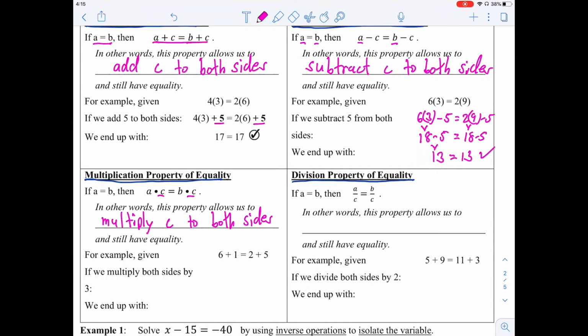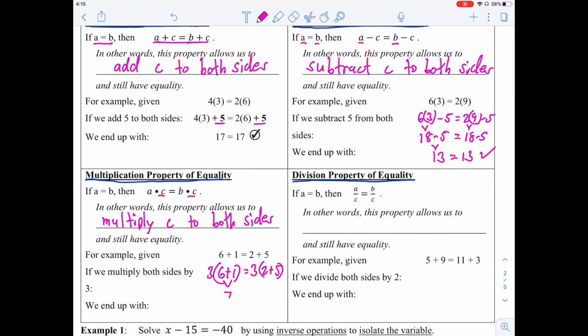If we multiply both sides by a number, 3, so we have 3 times 6 plus 1 and 3 times 2 plus 5. So we still can do PEMDAS on each side, and it still should be equal. 6 plus 1, 7, which is 21. And on the other side, bring down the 3, get 2 plus 5, 7, still 21. So they're both equal.